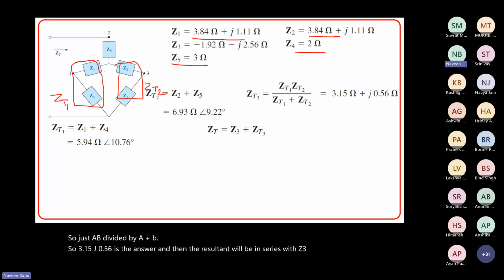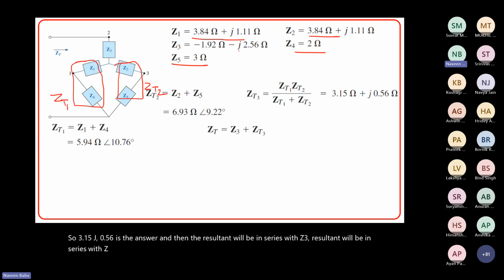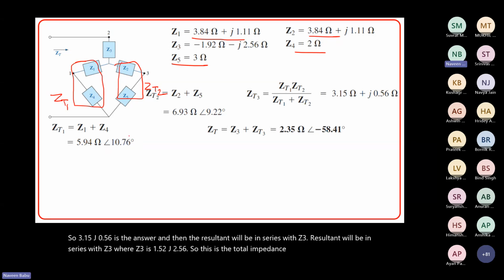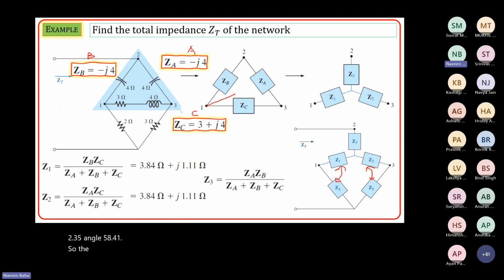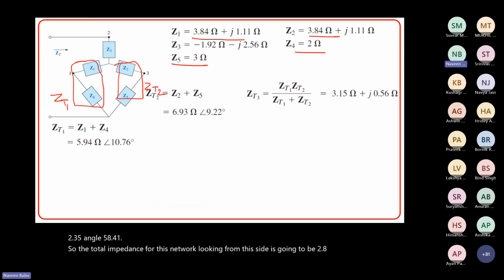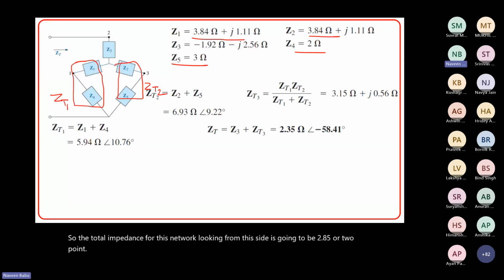Your Z3 is minus 1.92 minus J 2.56. So this is the total impedance of this bridge network, 2.35 angle minus 58.45. The total impedance for this network looking from this side is 2.35 angle minus 58.45, right?